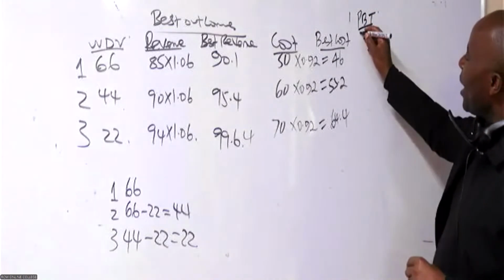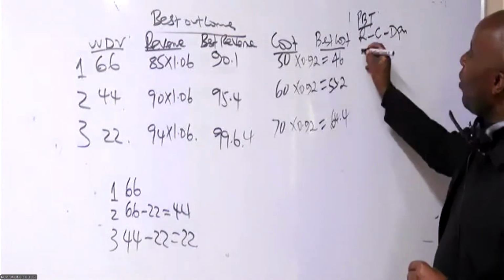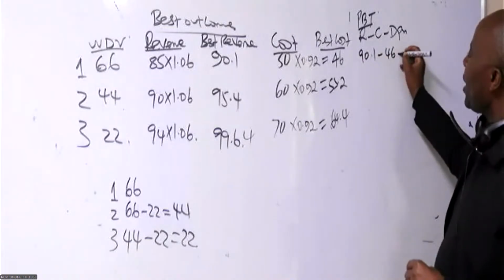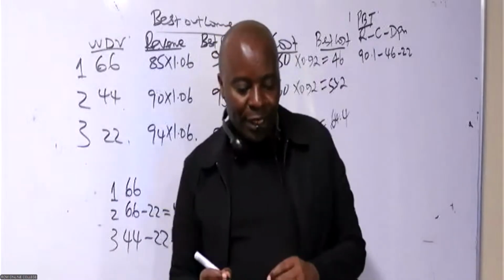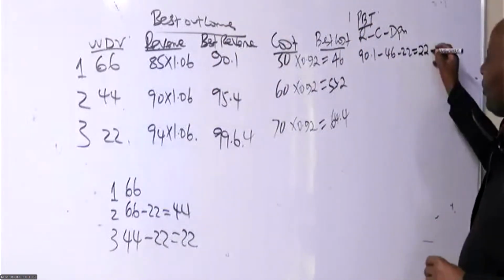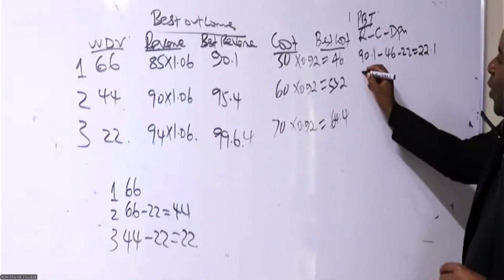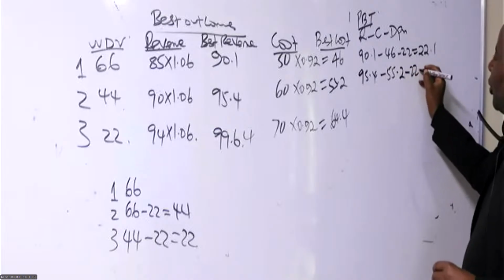So this one here will be 90.1 minus 46 minus 22. That gives us 22.1. The second one will be 95.4 minus 55.2 minus 22.